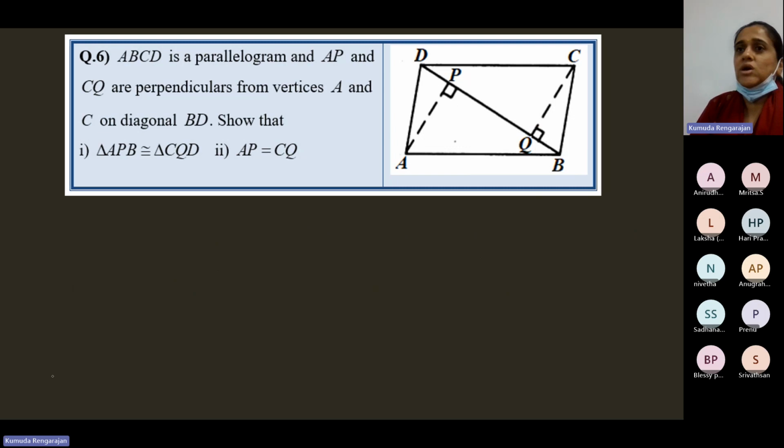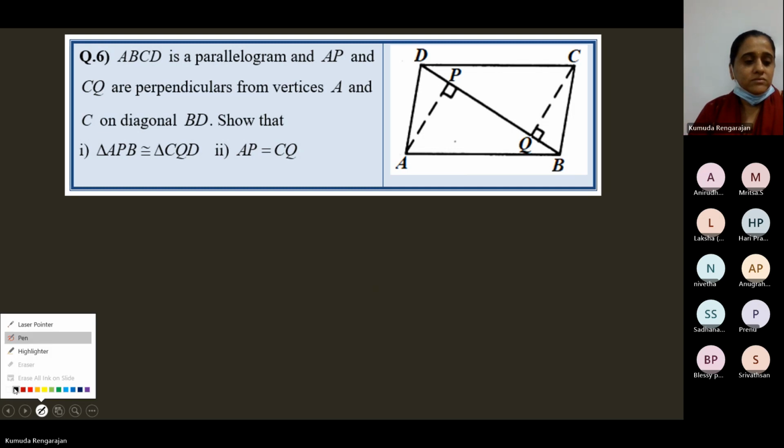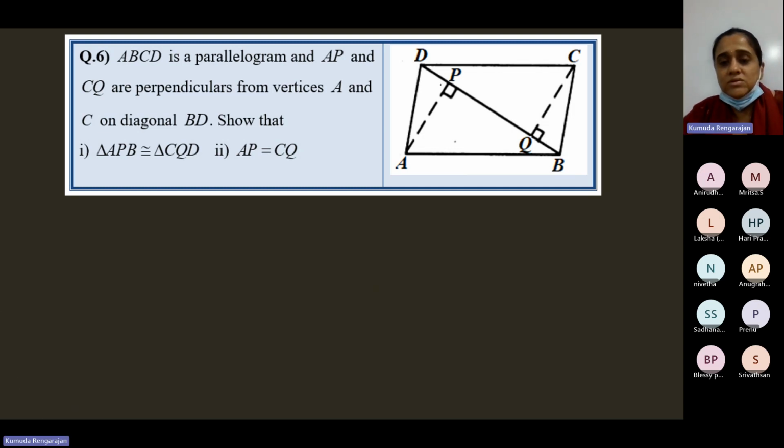The triangles are congruent, then CPCT, AP equals CQ. All right. So it is angle 1 equal to angle 2, alternate angles are equal. Angle 3 equal to angle 4, given. Then AB equal to CD. By AAS the triangles are congruent. CPCT, AP equals CQ.